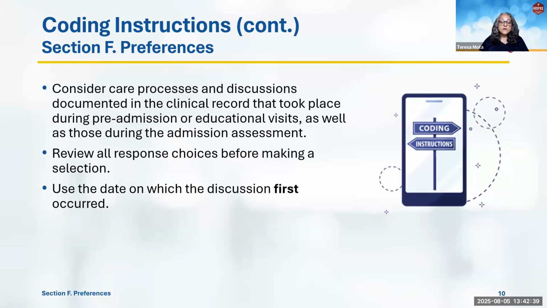For these items, you can consider care processes and discussions that are documented in the clinical record that took place during pre-admission or educational visits, as well as those during the admission assessment window. After reviewing all the documentation in the record, when you discover the date on which the very first discussion occurred, that's the date that you're going to enter in for each of these items.